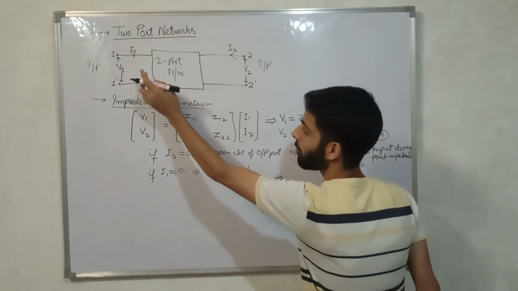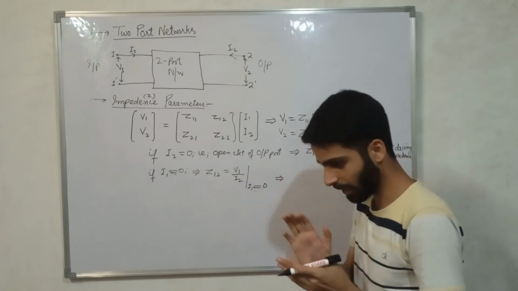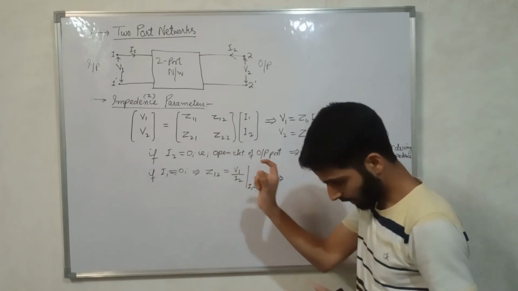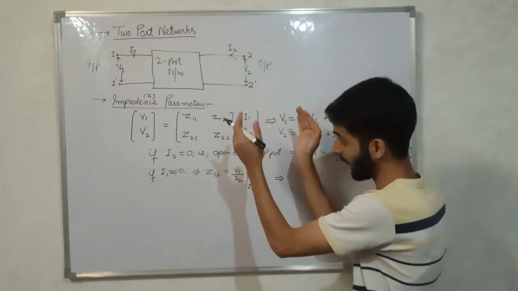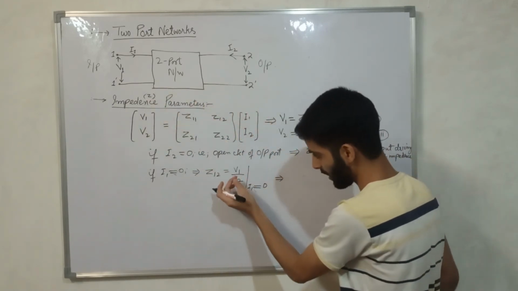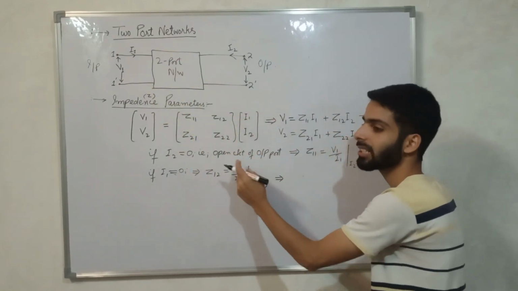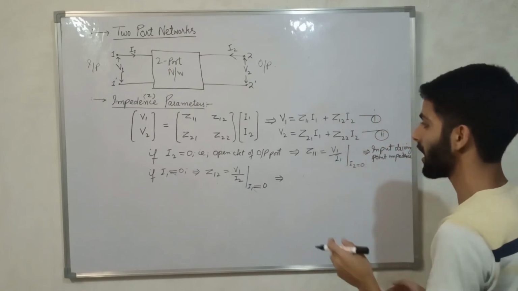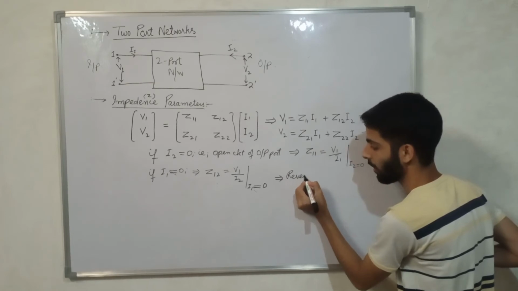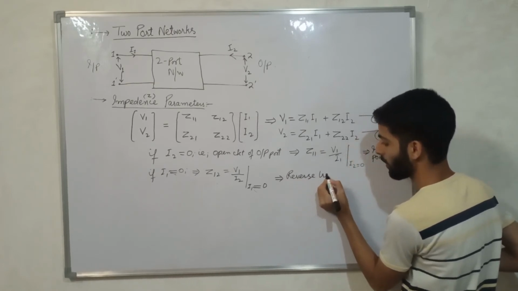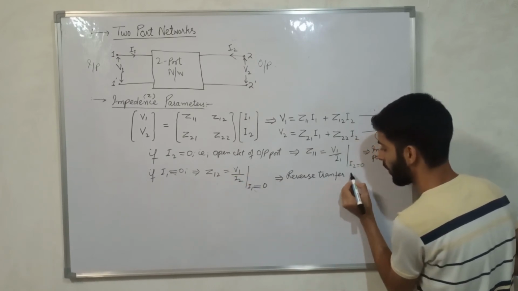This is not confined to only one side, input or output, but contains parameters from both sides. So this will be a transfer impedance. We will write Z12 as reverse transfer. The name of Z12 will be reverse transfer impedance.